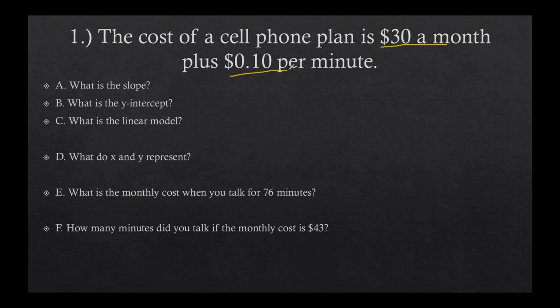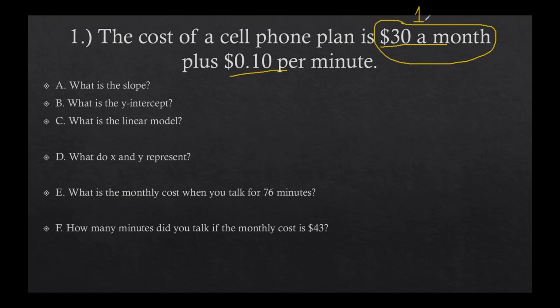So looking at these two, can you tell me which one of these only happens once a month? We're talking about your cell phone plan for a month. $30 a month or 10 cents a minute. Which one of those only happens once? The 30, exactly. This happens one time, right? You have a plan of $30 a month.